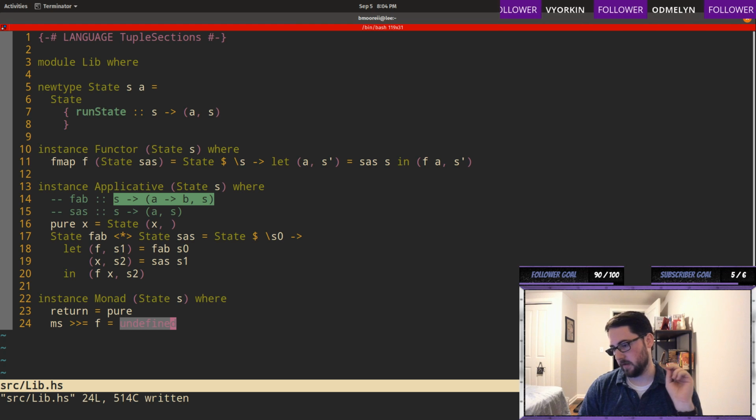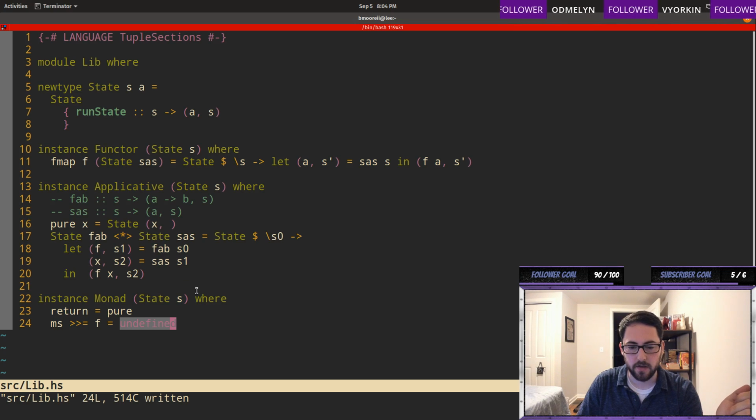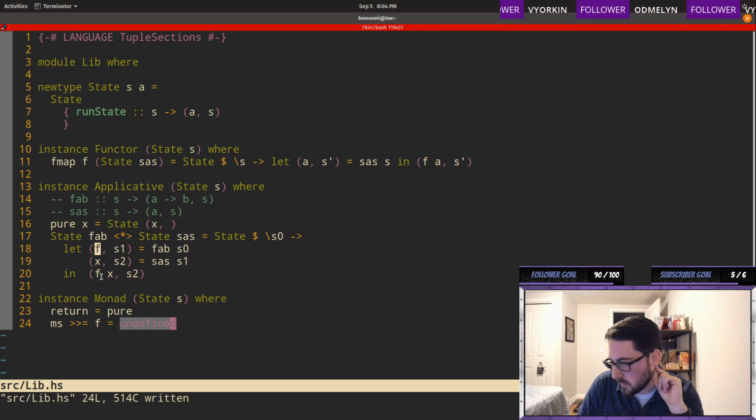I think the key point of this is really that in the wild, this is what you're going to see. You're not going to see state 0, state 1, function A to B.